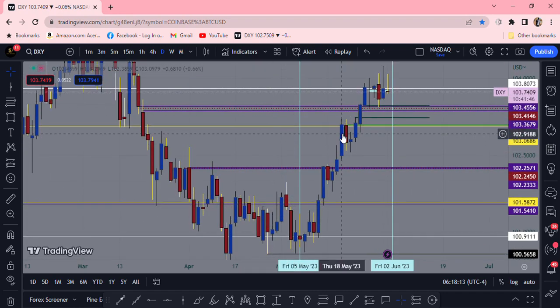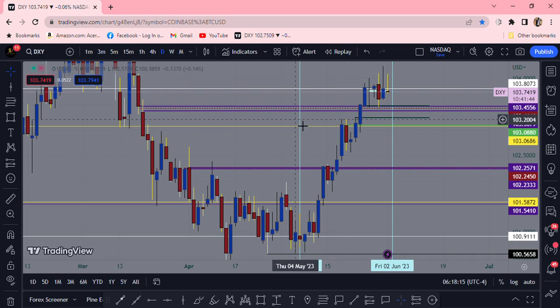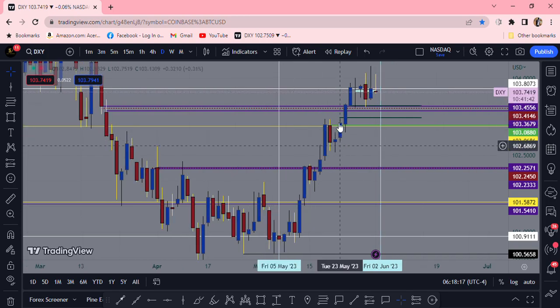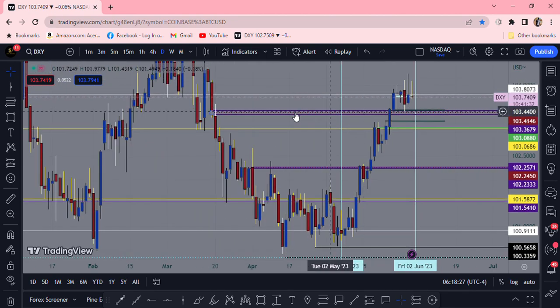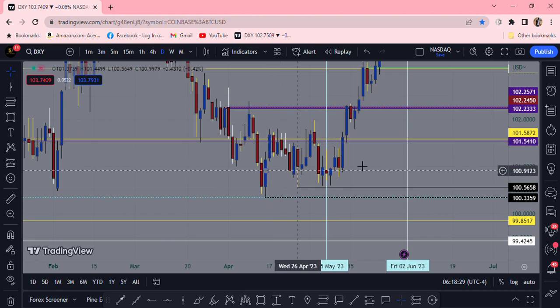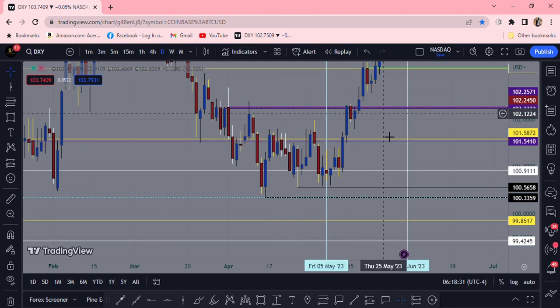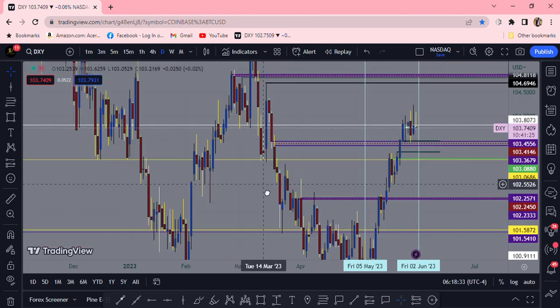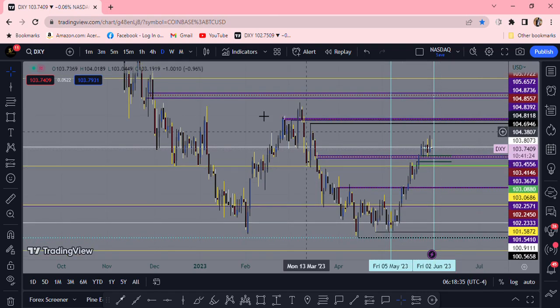If you know the principle of resistance and support, when we pass resistance, this becomes support. The white lines are the daily resistance or support, depending. As you can see, our price is respecting my lines. I drew those lines just to not confuse you.